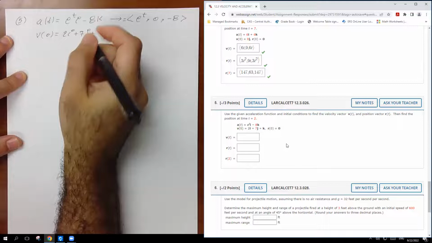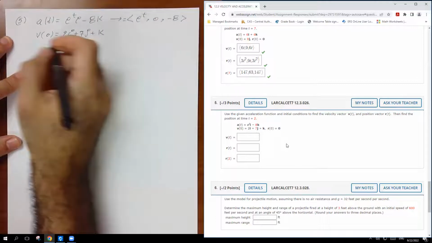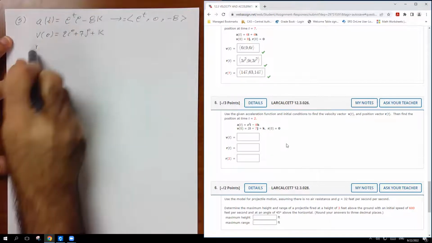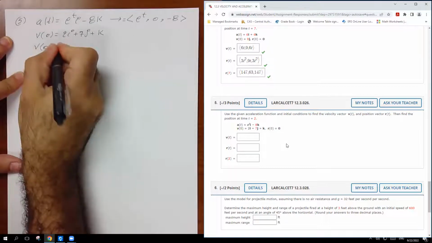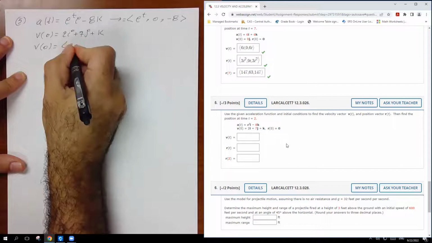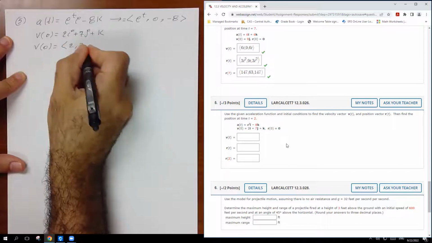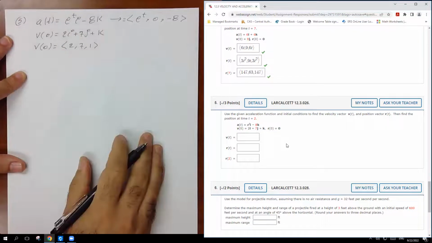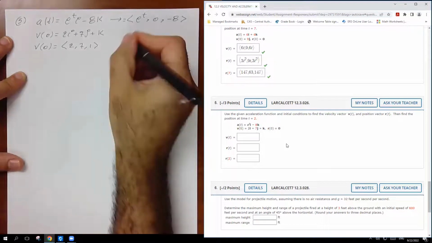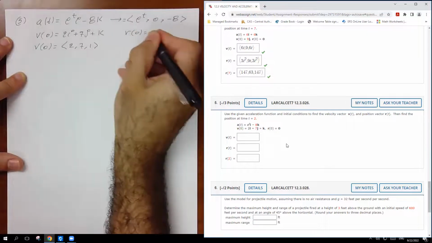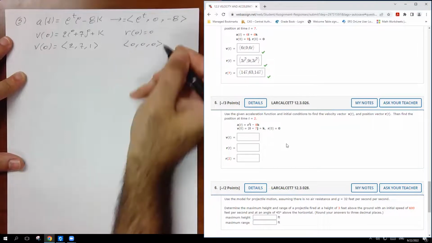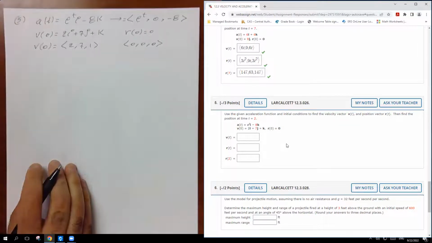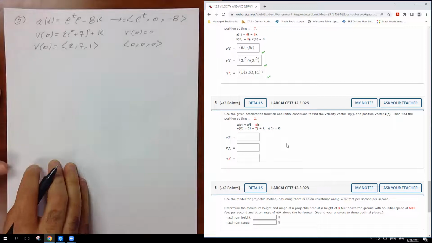That means the velocity at 0 is going to be 2, 7, and 1. Now the position at 0 equals 0, so it's going to be 0, 0, 0. So we're going to do exactly the same steps.